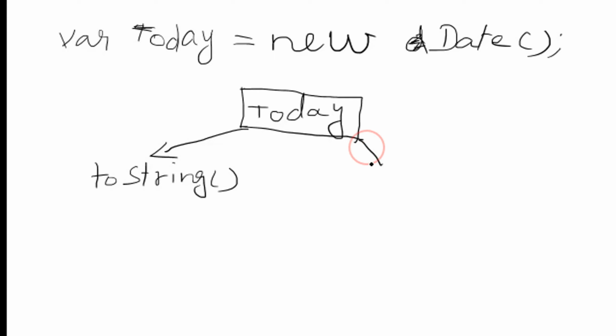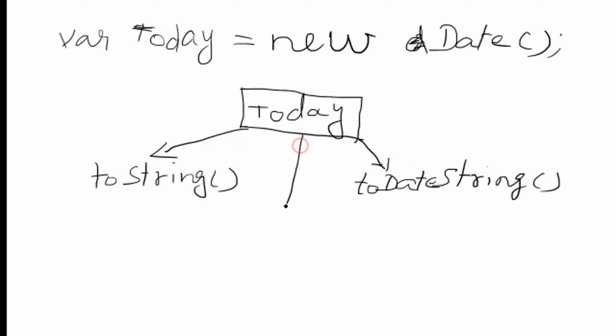If you need only the date part, you can use toDateString. And if you want only the time part, then you can use toTimeString.